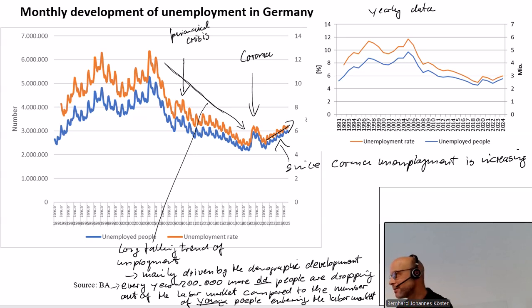And in addition, we have also this structural change of digitalization and artificial intelligence. And this you, as young people, should really keep in mind. So it is not that easy as compared to 10 years ago in Germany to get just a job.